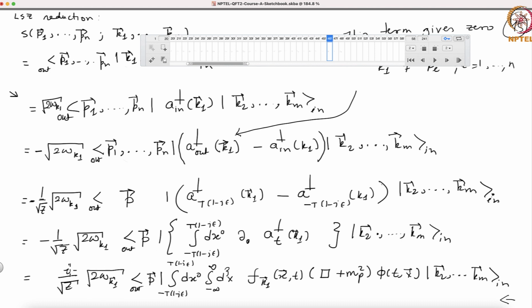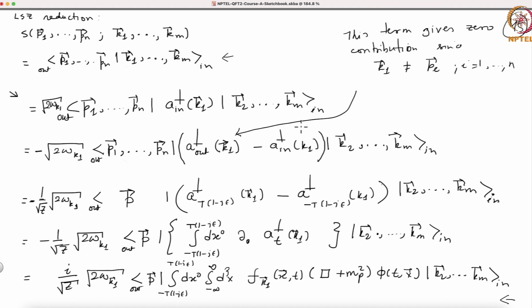What we will see is that the same overall factor comes again when you get rid of the label k2, which is here. So with this in mind, let's proceed. We have to keep track of many things now. At this stage, this is a shorthand notation for the out state.